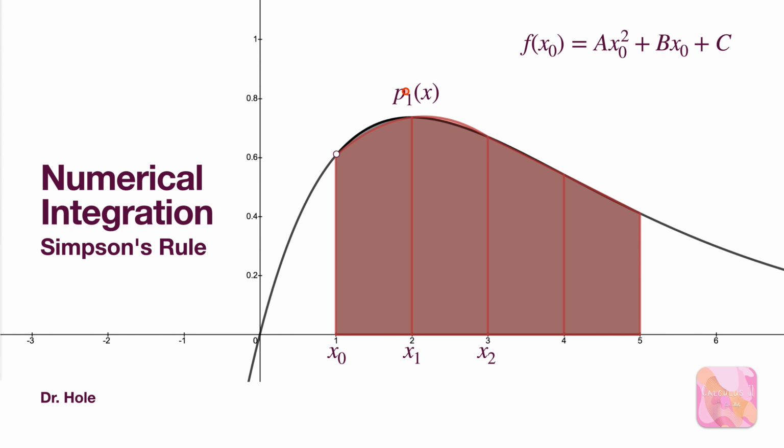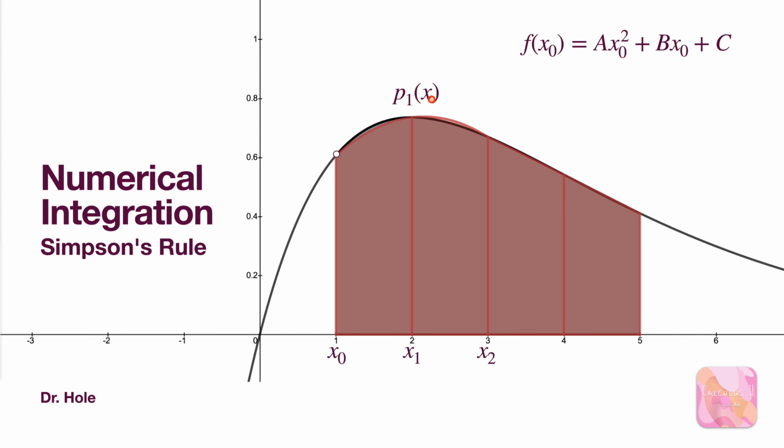Now, the condition that we want on P1, if you look at the red curve of P1, is that the red curve and the black curve are agreeing at x naught. That means that the value f at x naught is the same as P1 at x naught.